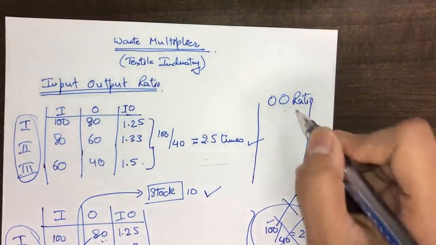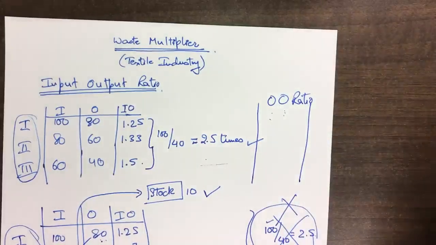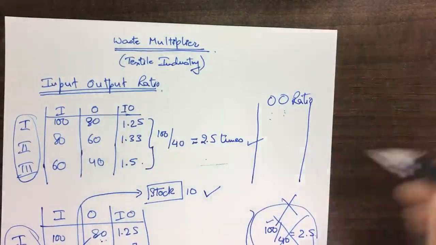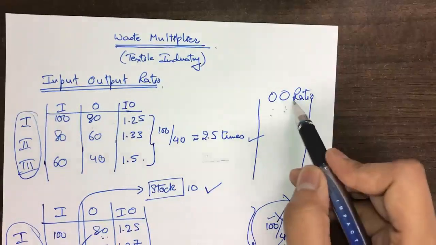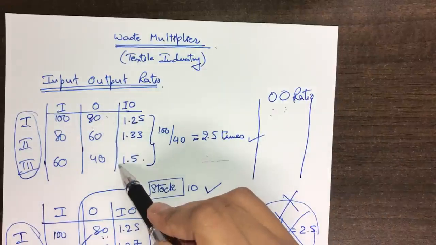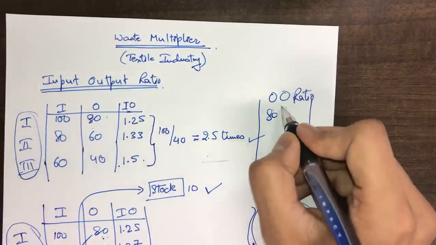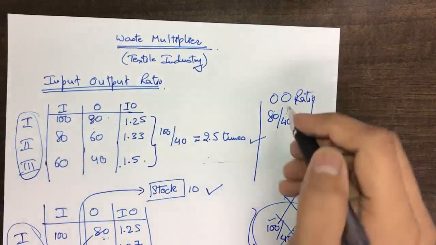So first of all, you have to tell us, what do you mean by output ratio? Just like there is input output ratio which compares the input with output, I have output ratio which will compare output to output. For instance, output from process 1 is 80 and output from the last process is 40.